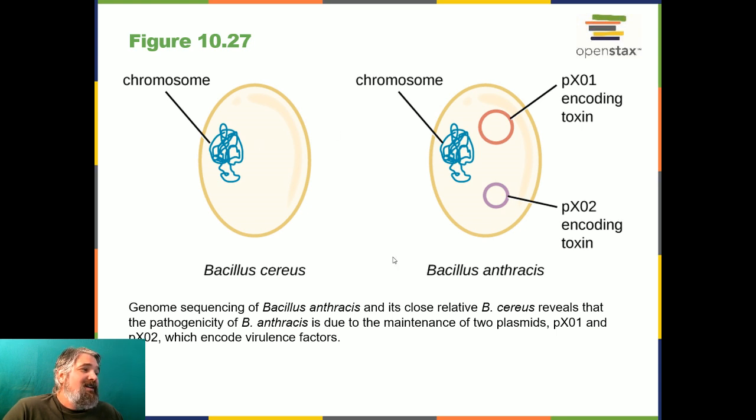Now, suddenly, you can't tell Bacillus cereus is any different from anthracis. So it's just the maintenance of these two plasmids that carries the virulence factors, which again isn't only the toxin genes; it's other genes to avoid the host. If any genes on these plasmids help it to sporulate or something, you could include those in virulence factors as well.